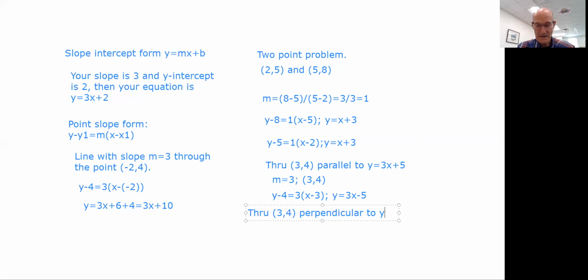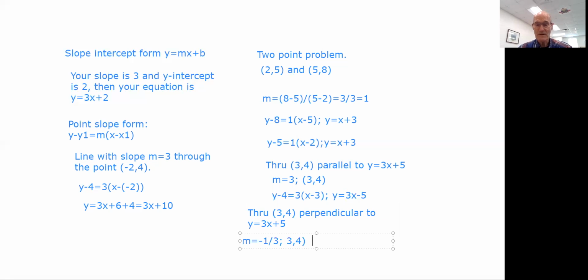So let's say y equals 3x plus 5. Now if you remember, when I'm perpendicular, my slope is the negative reciprocal. So now my slope is equal to minus 1/3, and my point is the same, which is 3 comma 4.